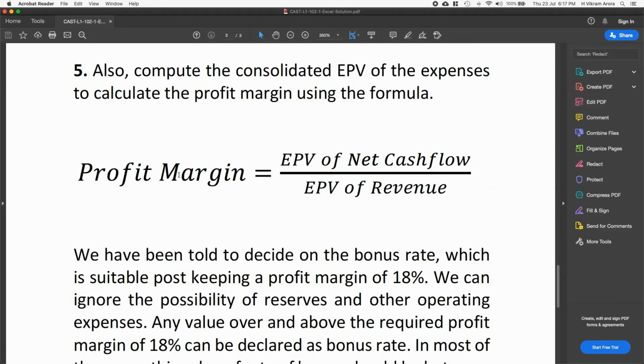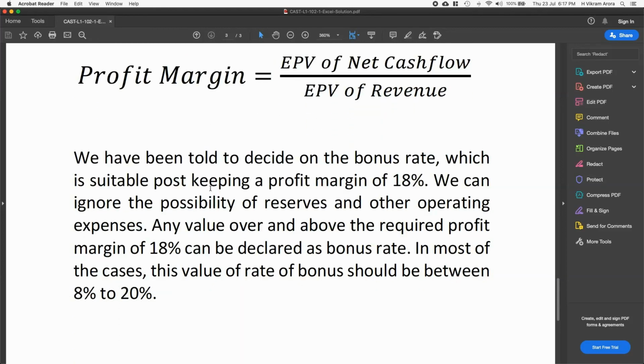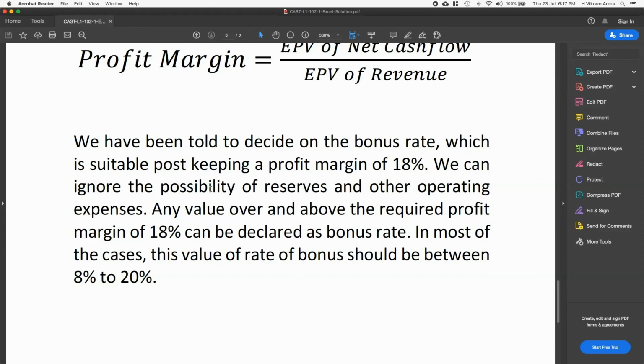The remaining component in the equation of value could be used for the bonus rate. Once you have that value for bonus, if it exceeds, say, 20%, then you can choose a rate between 8 to 20%. But if your answer is well within 8 to 20%, you can very well give that value.